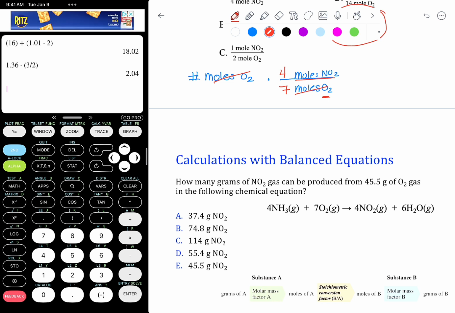We're starting from grams of A and we want to get to grams of B. We know what our stoichiometric factor is, that's the heart of the equation. Okay, so what we have to do is convert from grams of A to moles of A using our molar mass. Use the stoichiometric factor that we determined on the previous example to convert from moles of A to moles of B. And once we have moles of B, use its molar mass to convert to grams. So take a second and try that yourself.